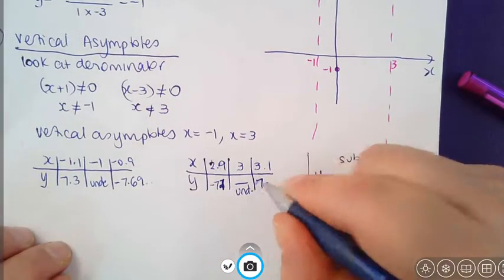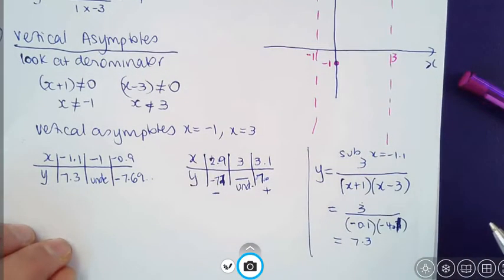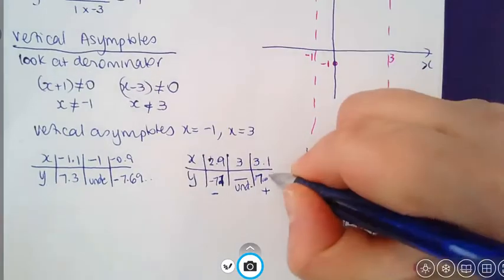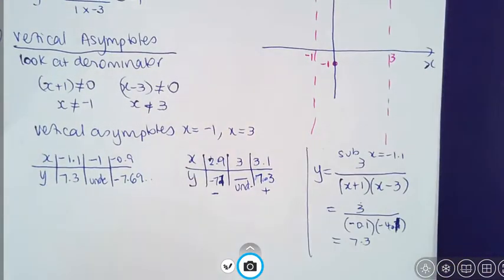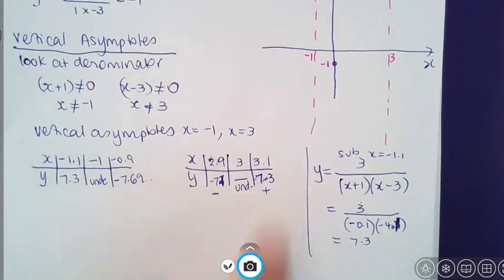So that's negative. This one will be positive. It doesn't matter what it is, it's going to be big. Okay, this is what I've got: 7.3, negative 7.69, negative 7.7, positive 7.3.